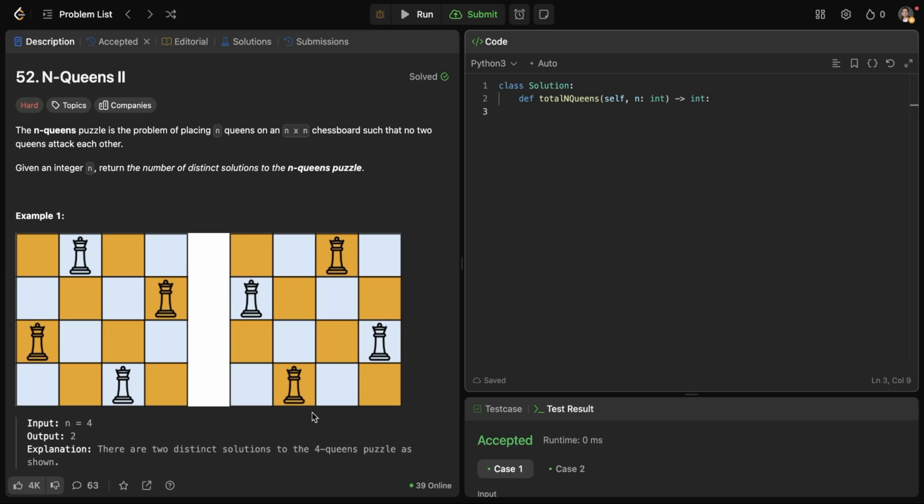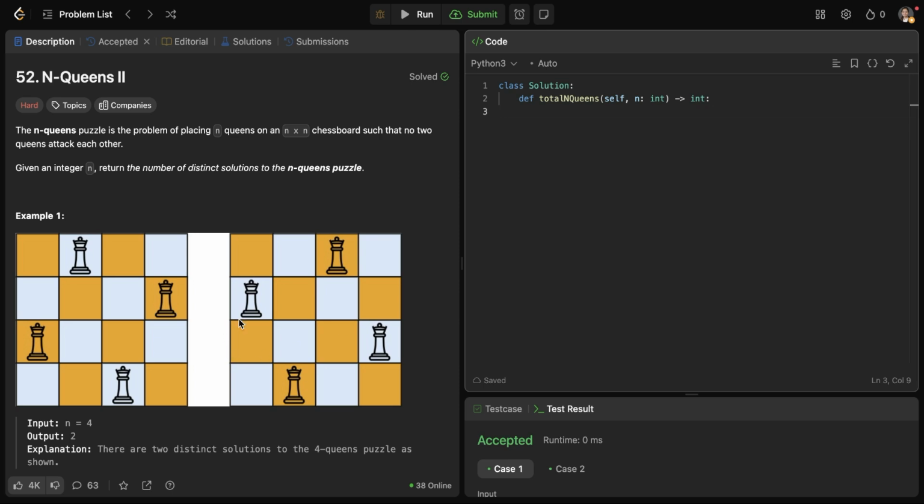The brute force approach would be basically that you start from the 0th row and then you assign the queen to some position. And then you move to the next row, rule out the same row number, rule out the same column number where you placed the queen before, and rule out the diagonals where you placed the queen before, and you have the remaining cells, and you place your next queen in one of those cells.